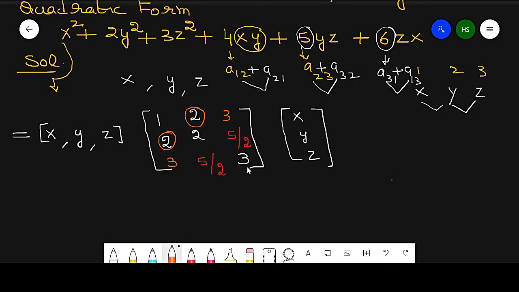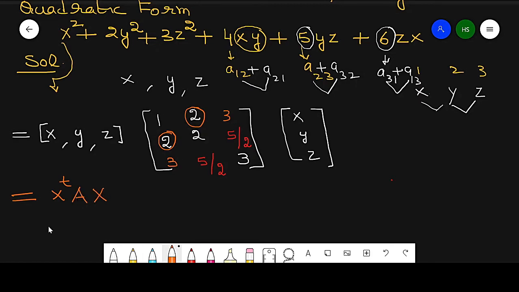So in this way we can write in the form of this matrix. This is X transpose, so we write it as X' A X. This is the A matrix and this is the X matrix.